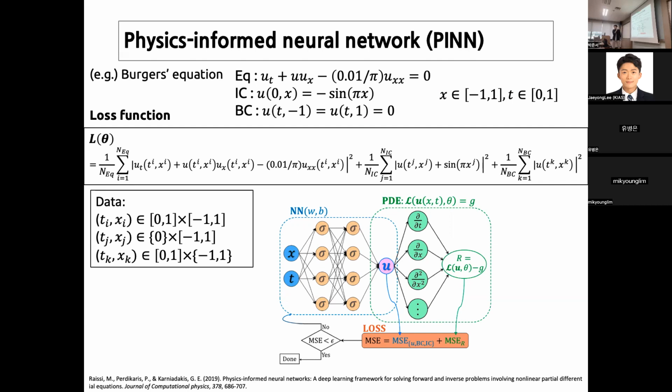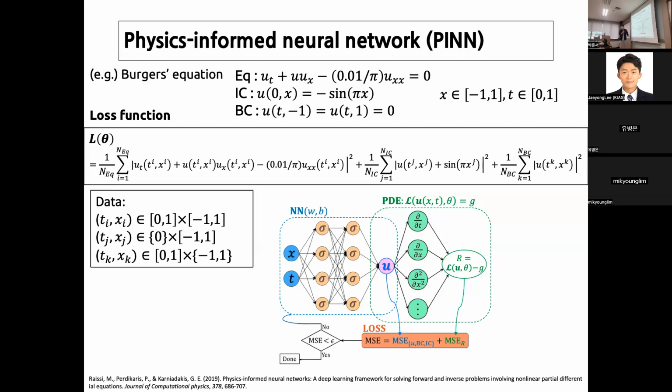So they have grid samples, and they can calculate this one for the initial condition. Also, the last term is about the boundary condition. The grid points t_k and x_k are in this one because we have to sample only on the boundary. And then using these grids, we can calculate the last term. And we have this loss function, which consists of these three terms. Then they just want to minimize these three terms, so they repeat this learning algorithm.